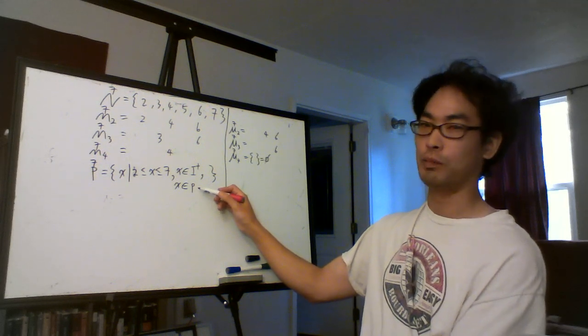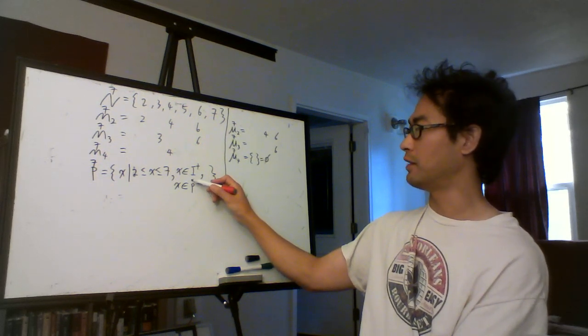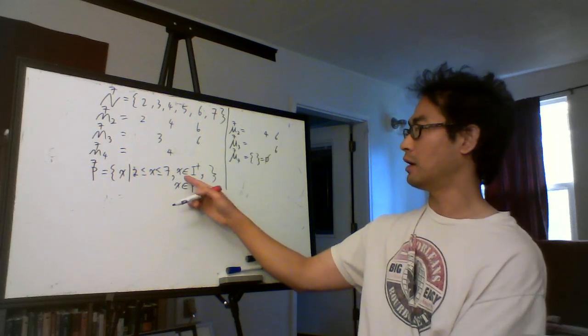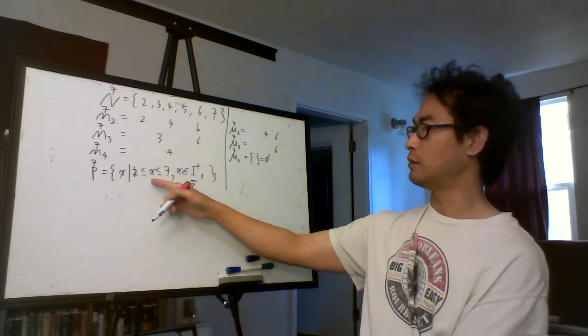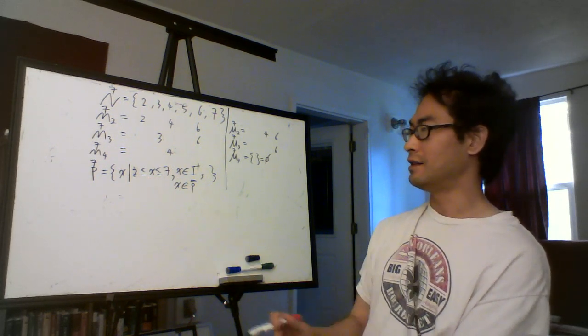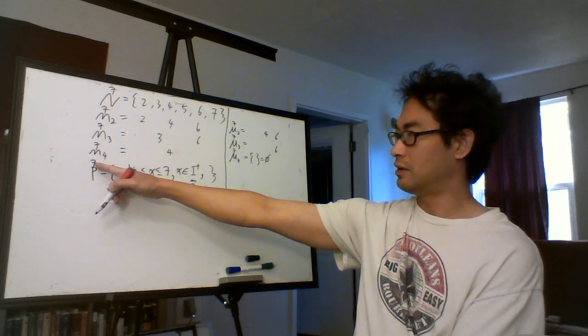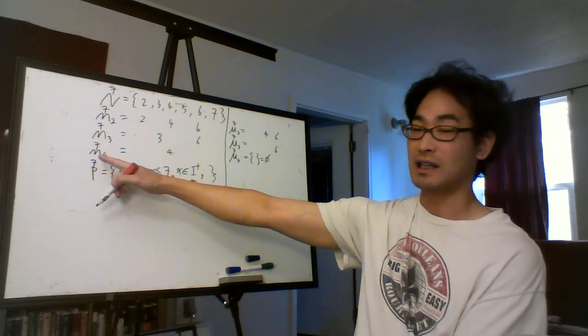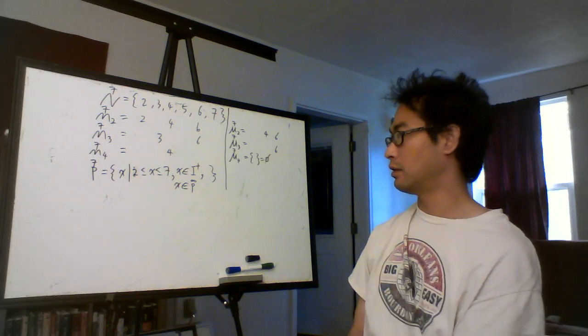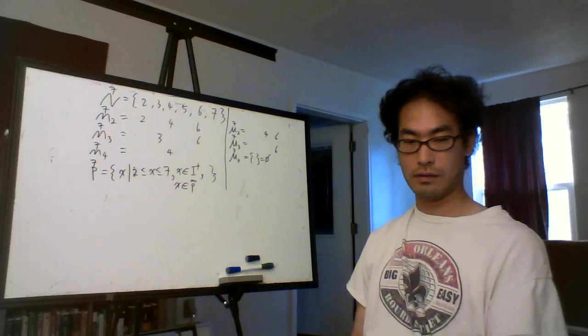P is the set of all primes, P top infinity. So x is prime, x is a positive integer, and x is between 2 and 7. In general, we can call this 7 the top, the upper limit.